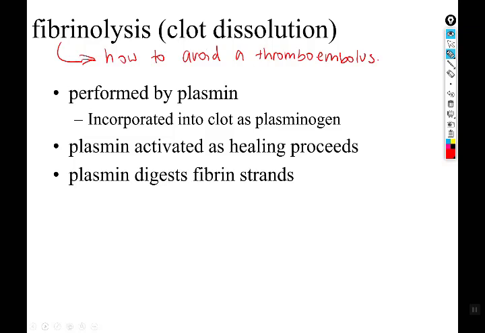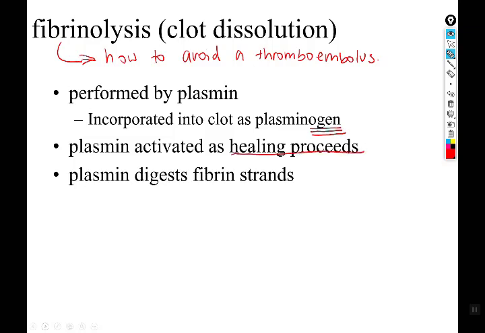So, it turns out the self-destruct button for a clot is built into the clot as the clot is forming. Amongst all the fibrin and the red blood cells and the sticky collagen fibers and the myosin and the actin and all of the other components of the clot, there's also plasminogen, which, as I previously mentioned, the suffix -ogen means that it is activatable, but it's not active yet.